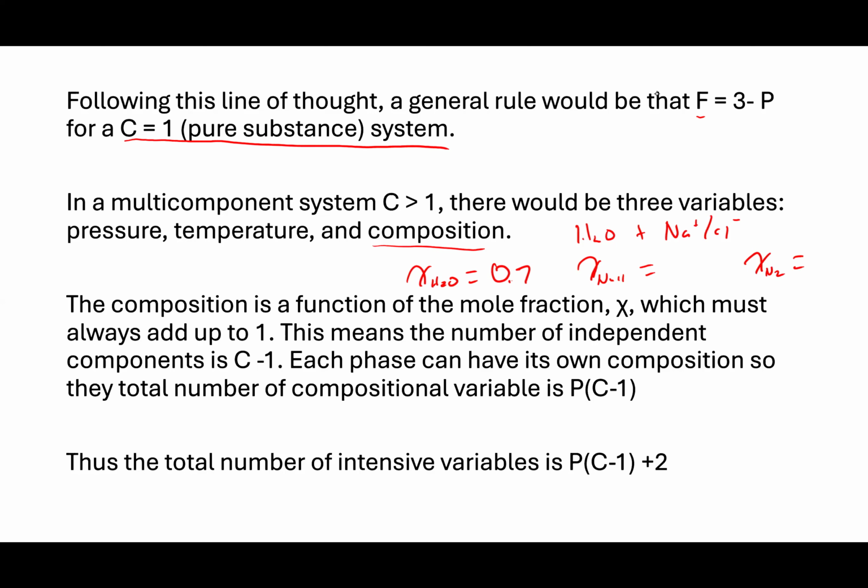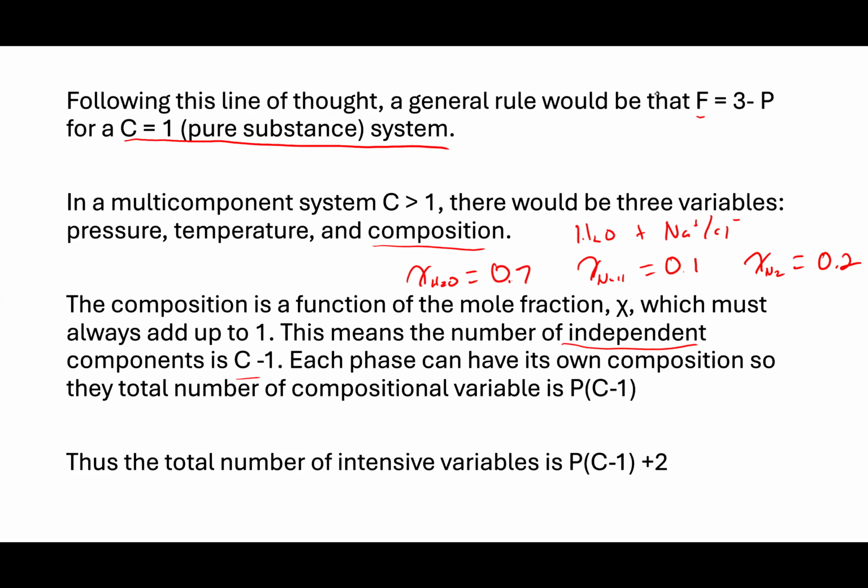If I change the amount of H2O, either NaCl or the others could change. I could change this one, I could change this one, and only the very final one would have to be set in stone mathematically. So again, the number of independent components is going to be C minus 1.